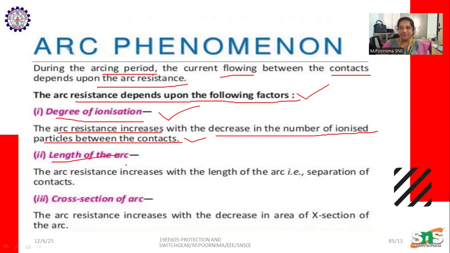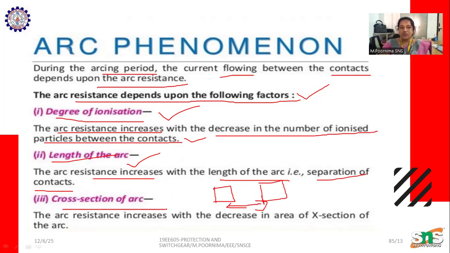The arc resistance increases with the length of the arc, which depends on the separation of the contactors. The third is the cross section of the arc. The arc resistance increases with the decrease in the area of cross section of the arc. These are the main factors the arc resistance depends upon.